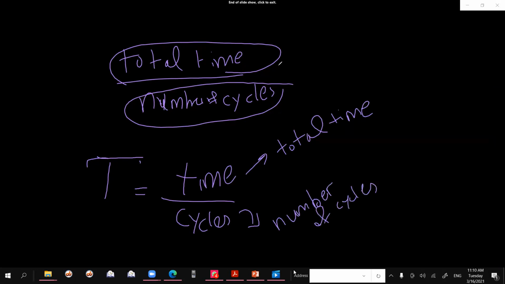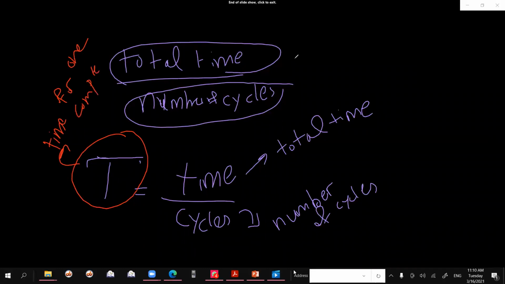If I divide them on each other, I will find the time for one complete cycle or one complete rotation.